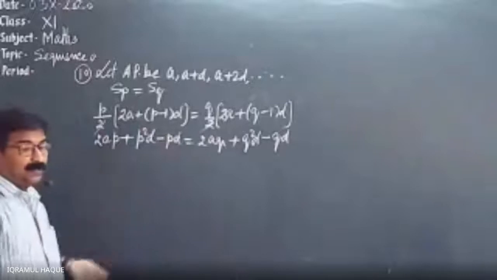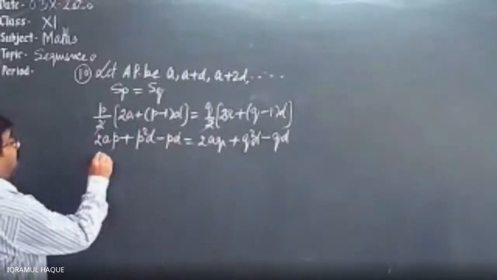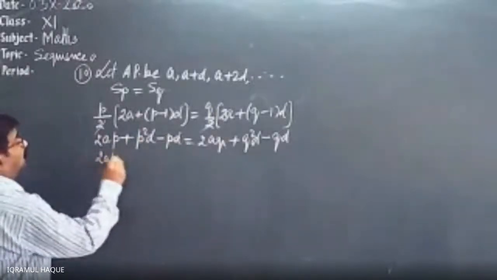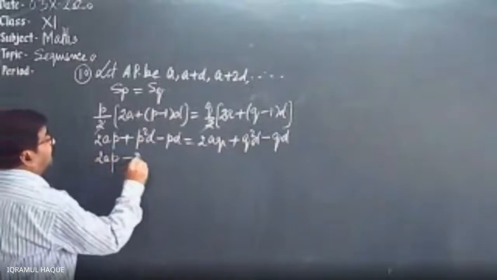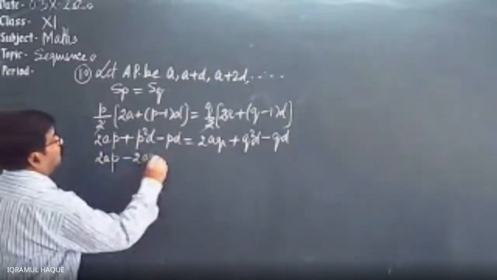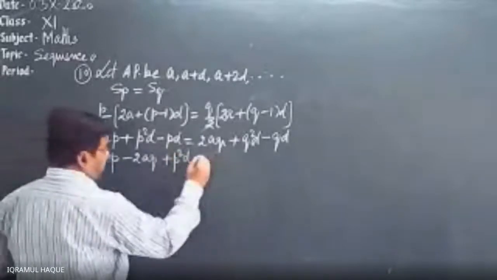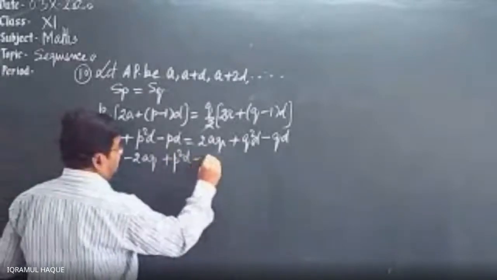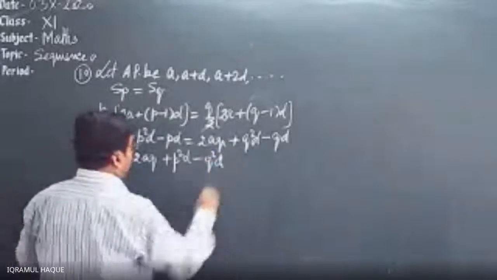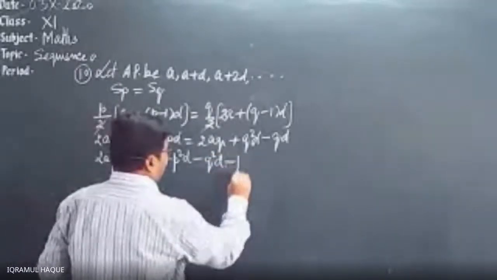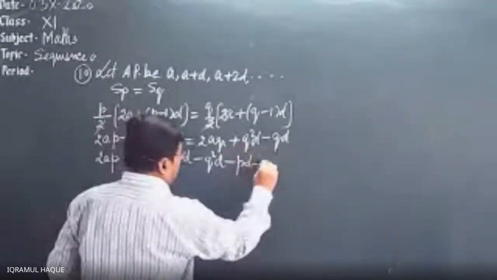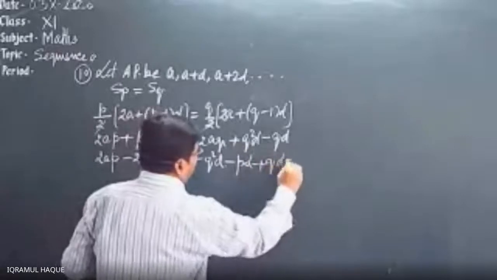Bring all the terms to one side. We have 2ap minus 2aq plus p square d minus q square d minus pd plus qd is equal to 0.